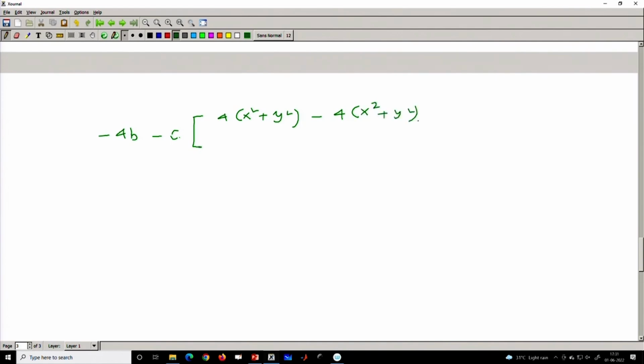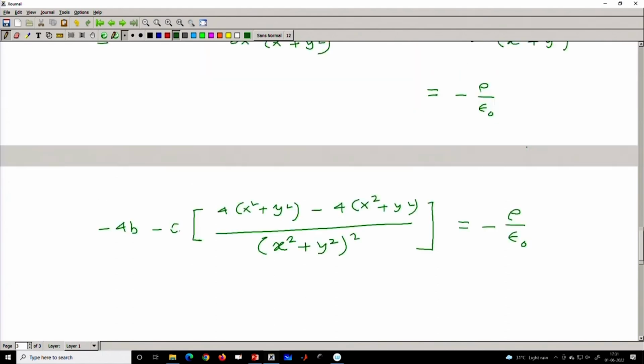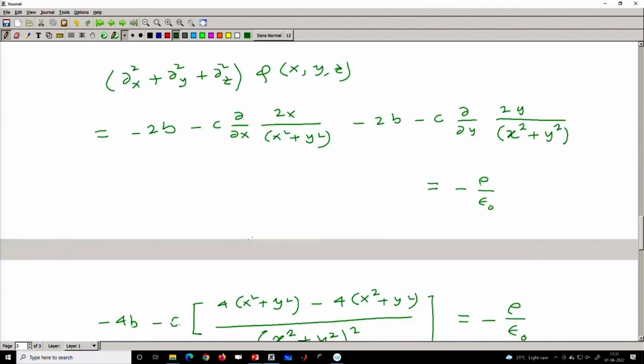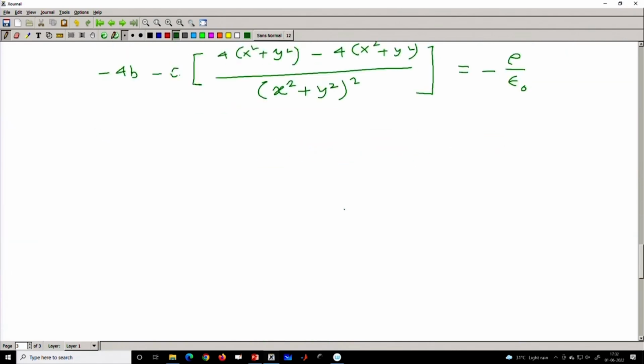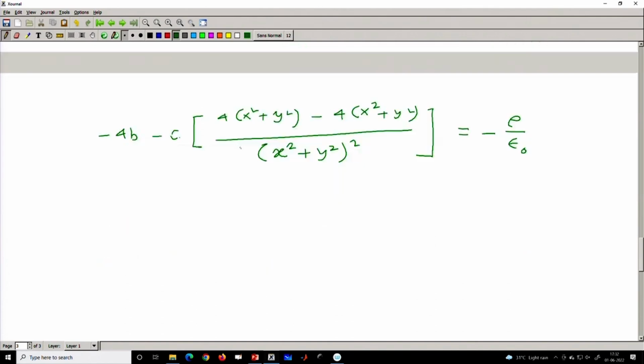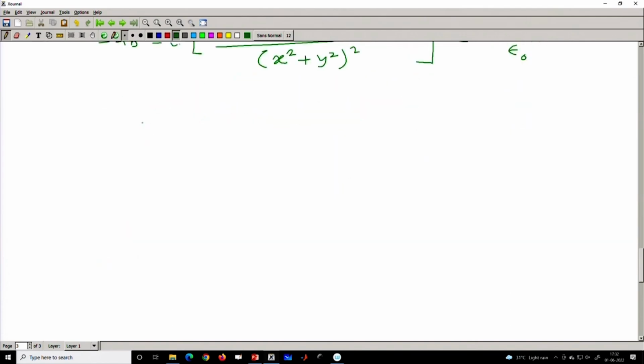It seems they will cancel out, divided by x square plus y square whole square, and the right hand side we have minus rho by epsilon naught. So this quantity associated with c is going to cancel out. You can check it; I am not doing the explicit calculation here. So then my rho simply becomes 4b epsilon naught. That should be our result.